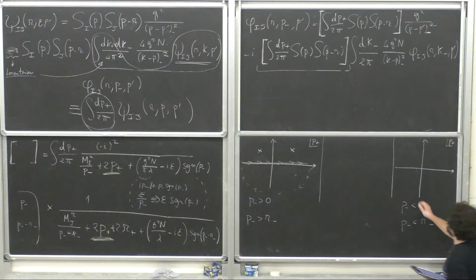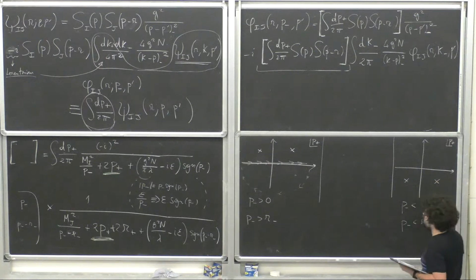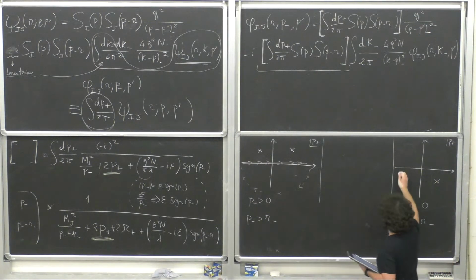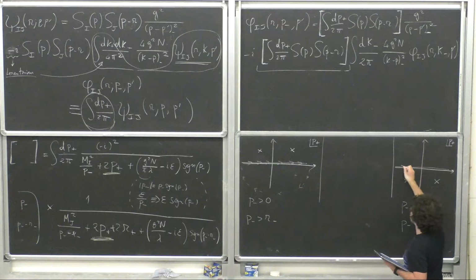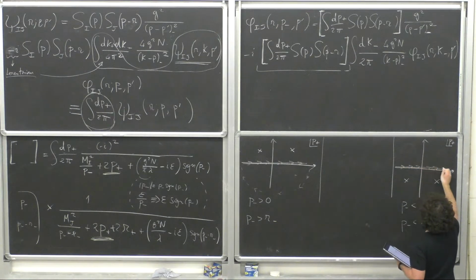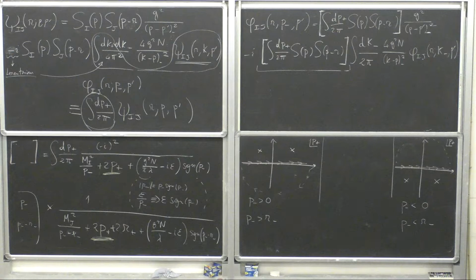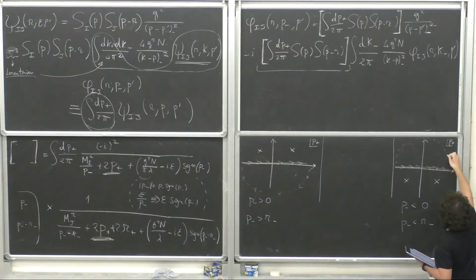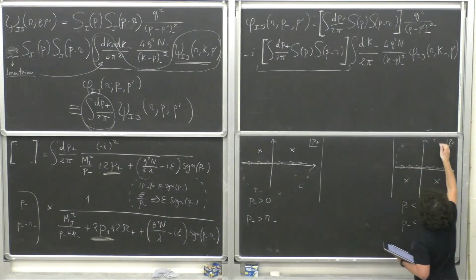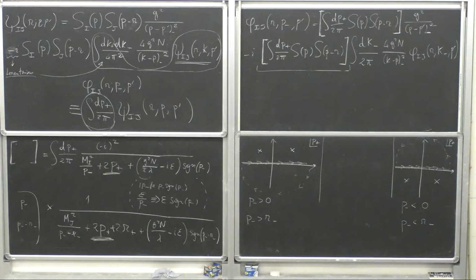Now both of these poles are going to be here, and I can close my contour in the upper half plane and again get a 0. So in these two cases, the integral gives me 0.